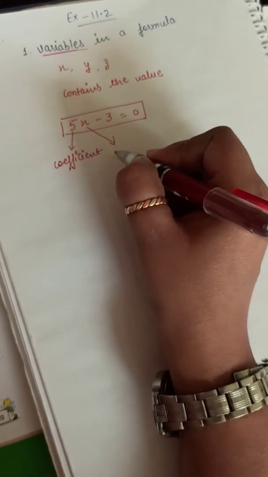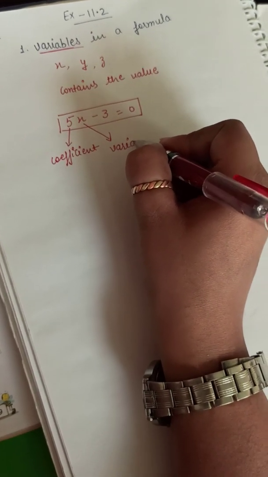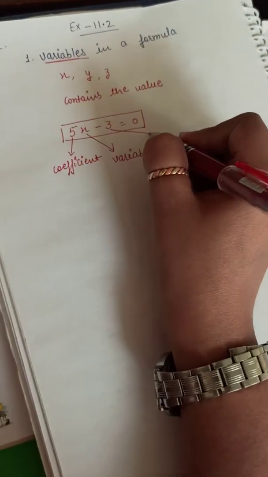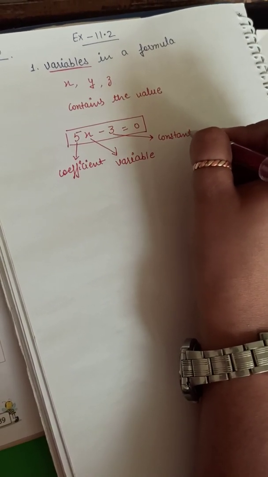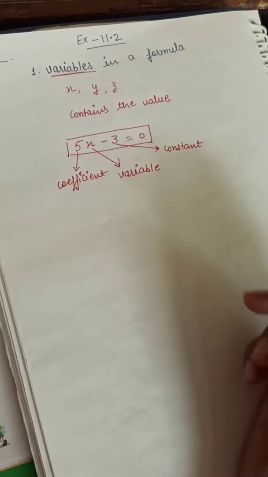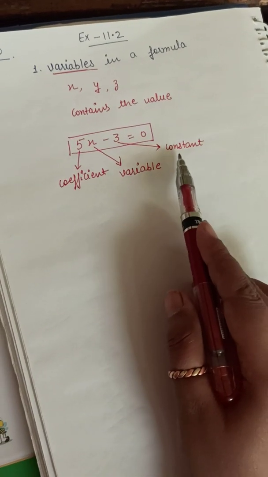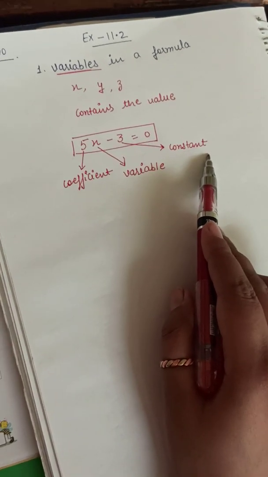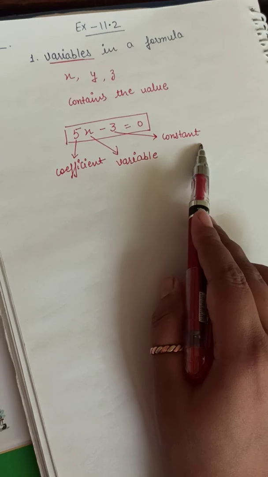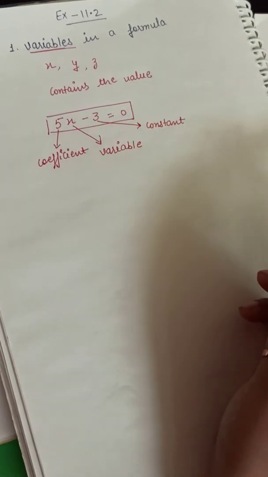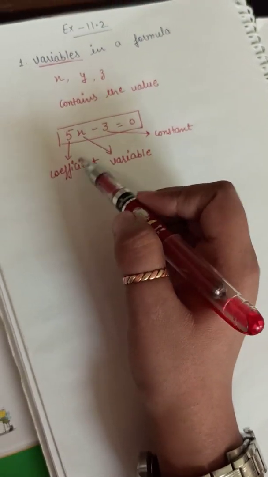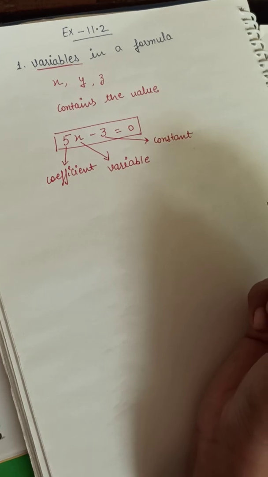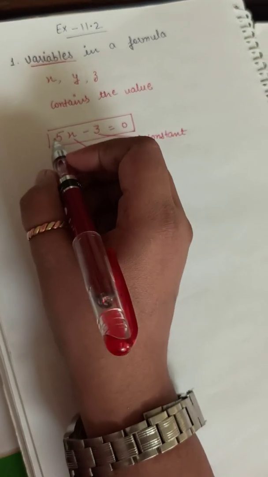This x is the variable, and the 3 is a constant. Constant means whose value does not change. Now this 5 is the coefficient of x.